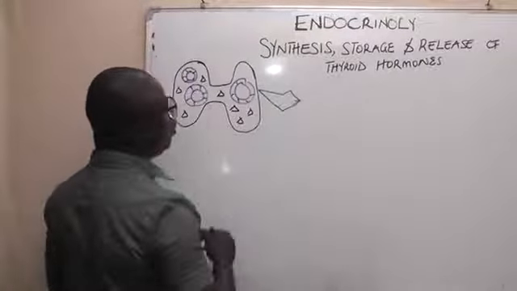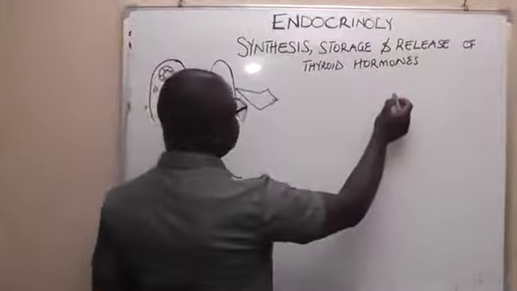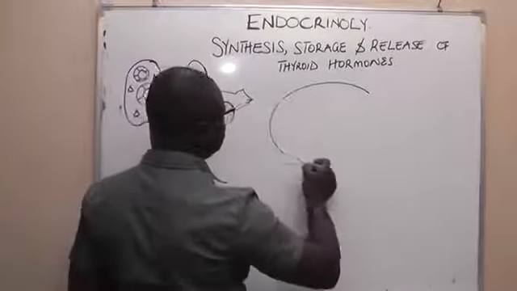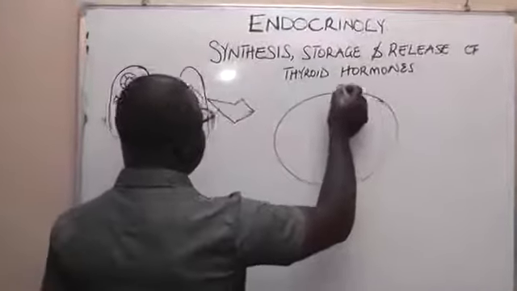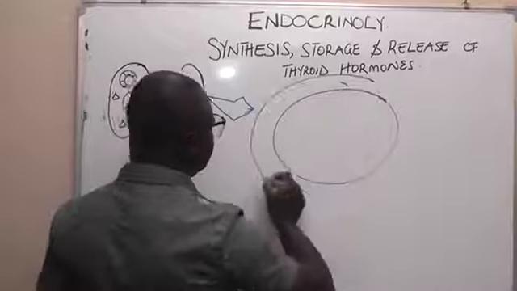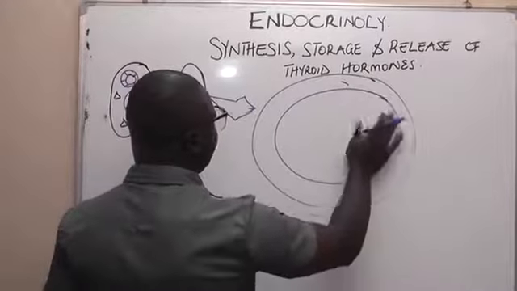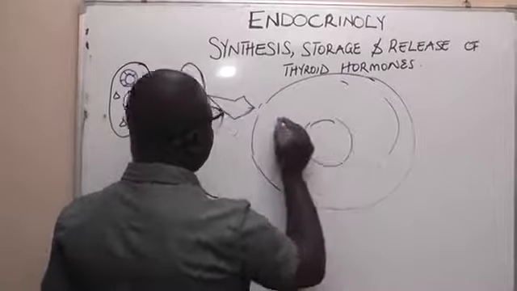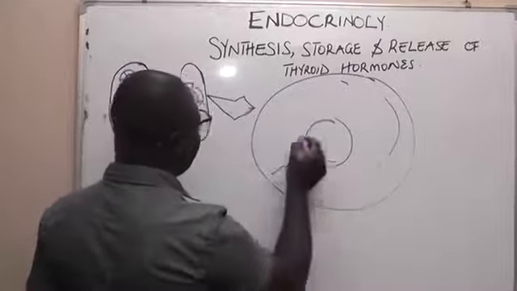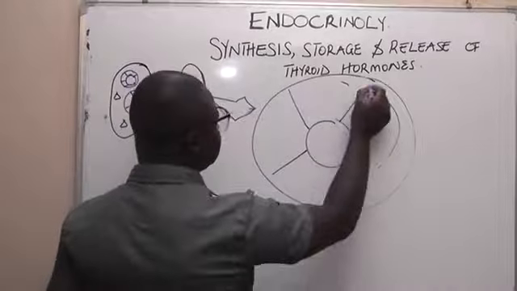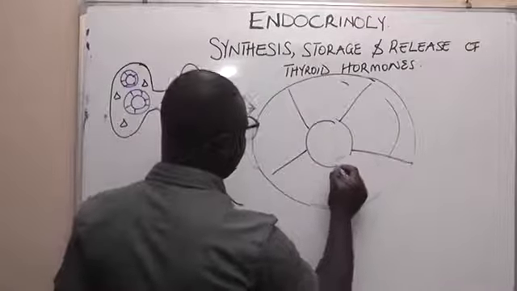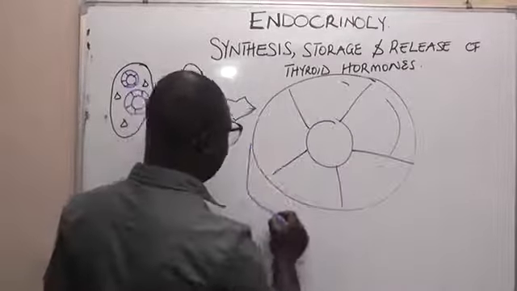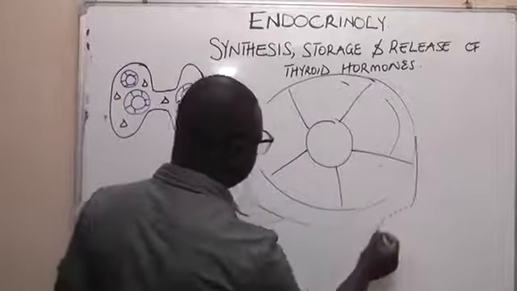That is a follicular cell, right? Remember, we say it synthesizes what? It synthesizes T3 and then T4. Now, these cells are made up of cuboidal epithelial cells.